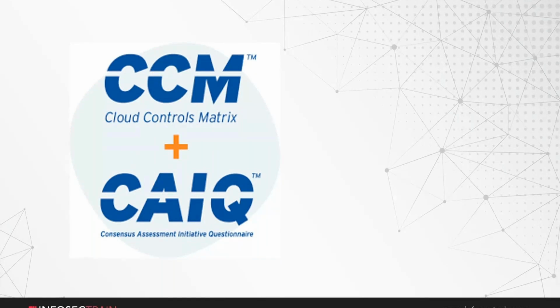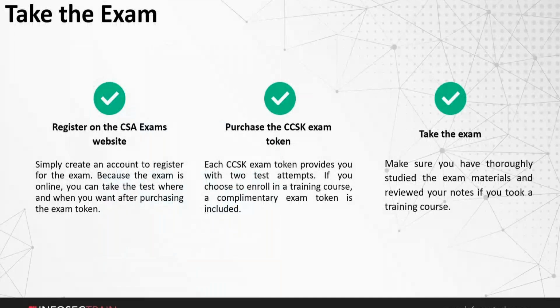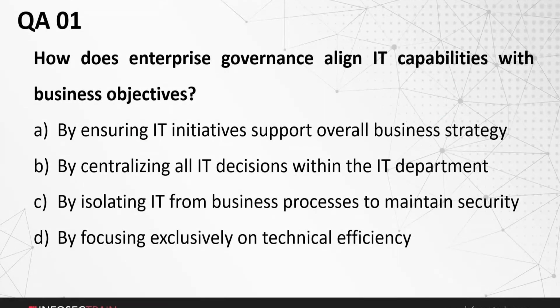Now team, let me do one thing to make sure you get an idea of how the exam questions may look. I'll give you two questions. How does the enterprise governance align its capabilities with the business objective? Enterprise governance is always about mapping whatever we are doing to align with the business.